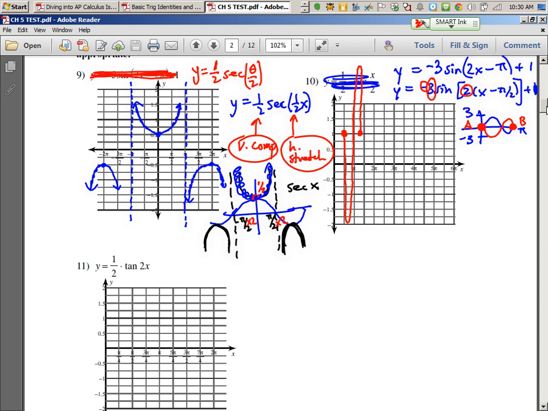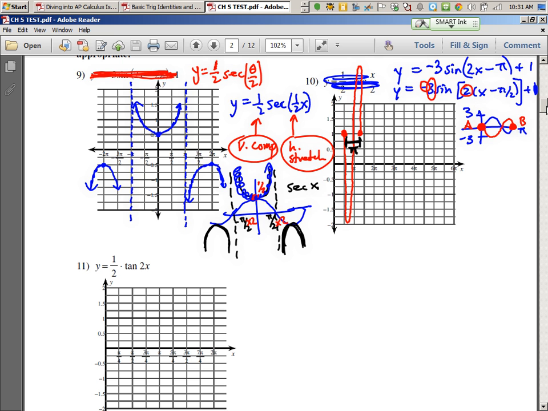You don't want it to be too wide, because from here to here is only supposed to be pi, which is only half an inch on my paper, so I had to keep it real skinny looking. Maybe your paper looks a little different. The most important thing to know is what the numbers mean and what the parent function looks like. And then you can move anything.